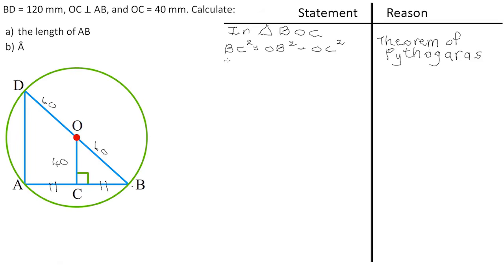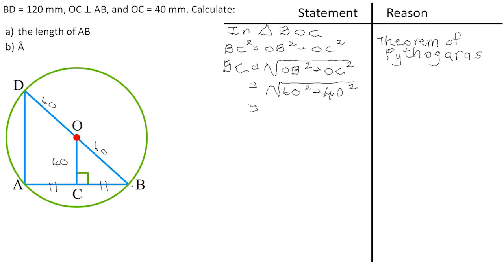Now let's make BC the subject. BC will therefore be equal to the square root of OB squared minus OC squared. Now we substitute: 60 squared minus 40 squared.